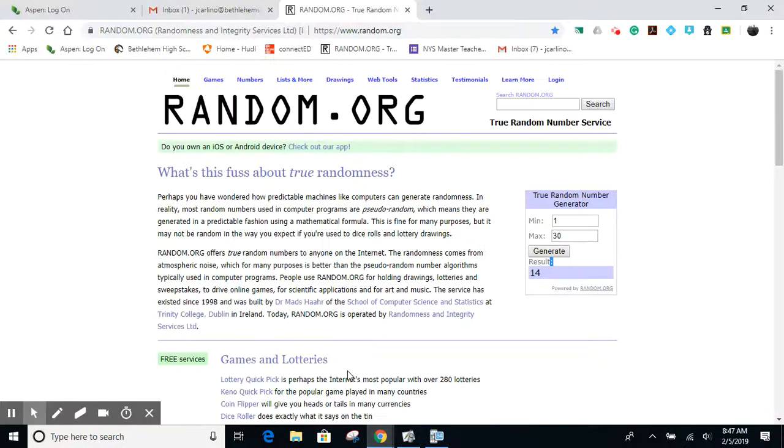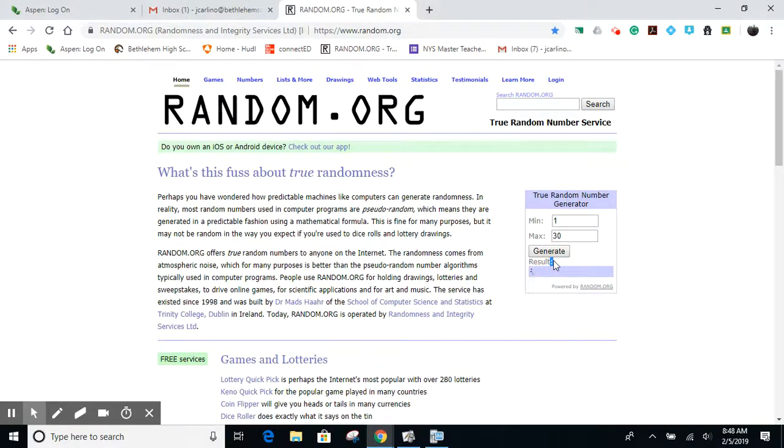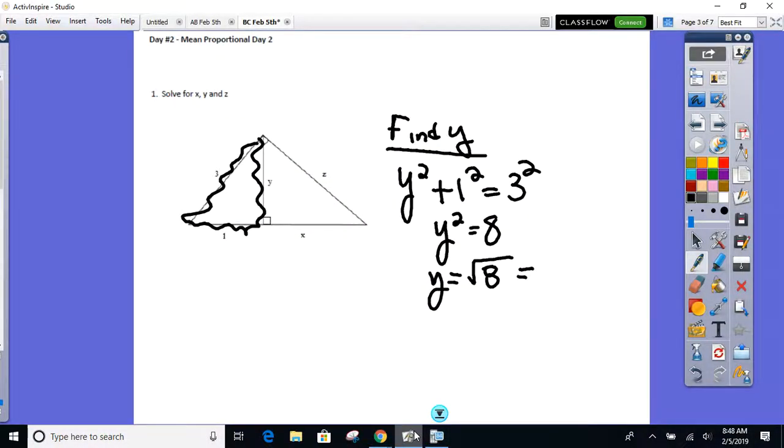Y squared should be equal to what when you move everything over? 8. So then y is equal to the square root of 8, which, again, we are going to break it down. What do you got for me? 2 radical 2. So there's y, 2 radical 2.